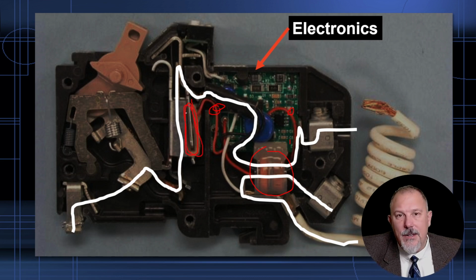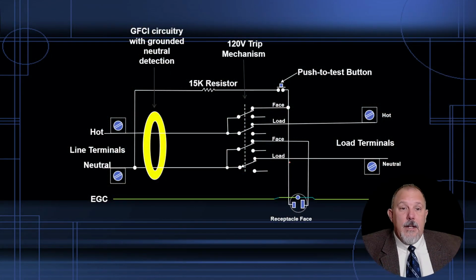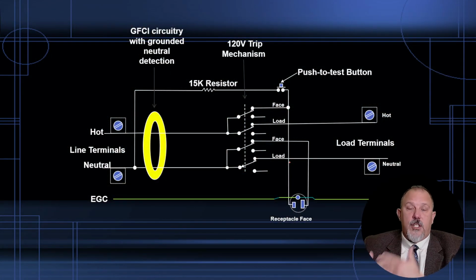That is how it tells that circuit breaker to open instantaneously, as fast as it can, without an intentional delay, when this device determines that you have more than 4 to 6 milliamps going outside of the path. Now that's how a molded case circuit breaker works.